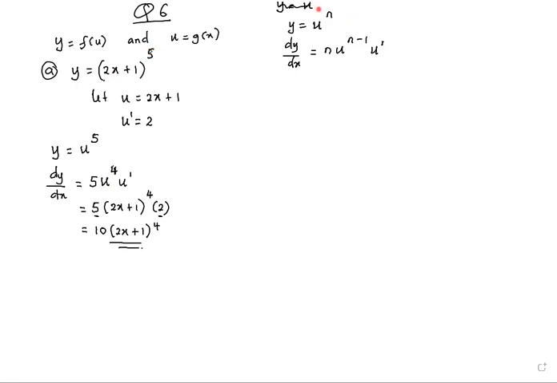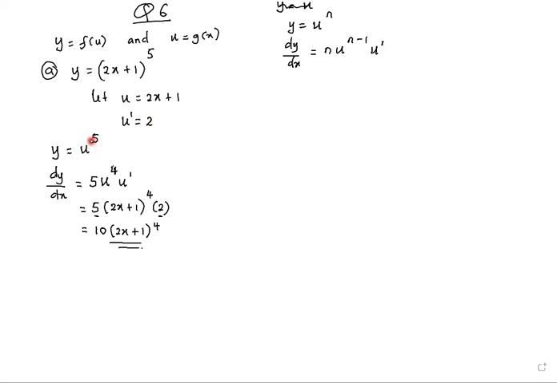So we want to use chain rule, which says if you are given u to the power n, you need to differentiate first with respect to u. So you do the power rule and then multiply by the derivative of the u. So we have this function power 5. That function is our u. Then we differentiate u, we get 2. Then now we have y is equal to u power 5.